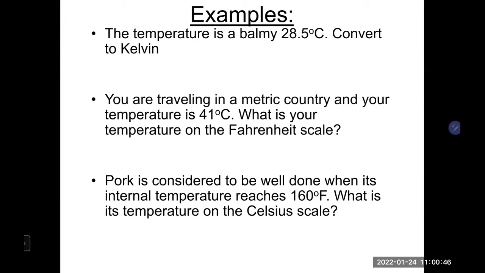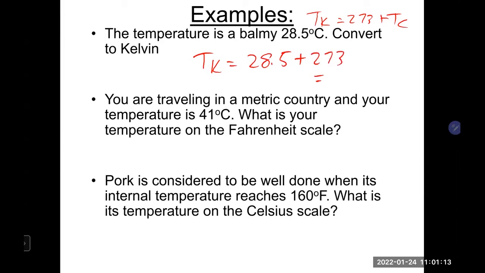Okay, let's take a look and see how we're doing. On the first one, we're going from Celsius to Kelvin. Remember that our temperature in Kelvin is 273 plus our temperature in Celsius. So on this one we just need to add 273 to it. Our temperature in Kelvin is 28.5 plus 273. Again, I'm going to leave the 0.15 off there.